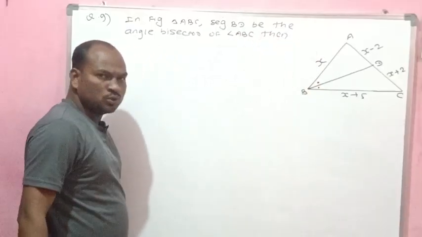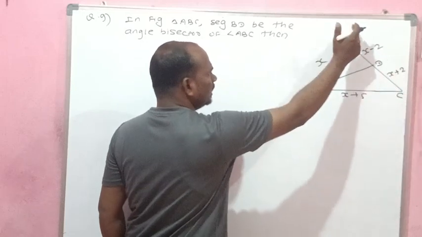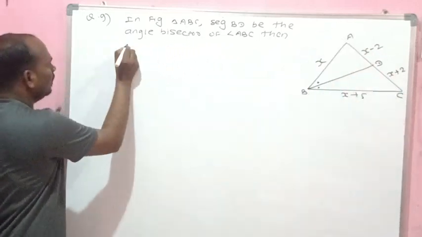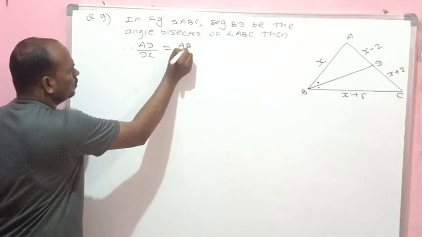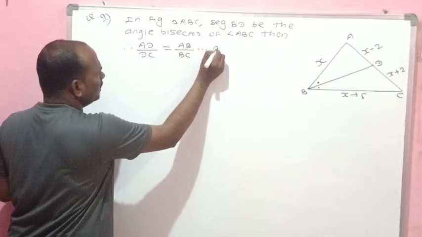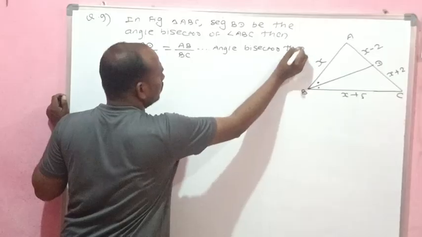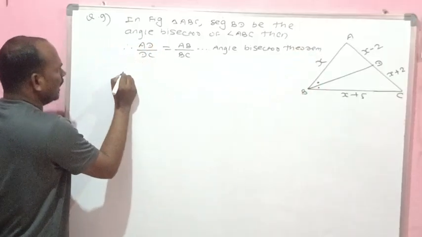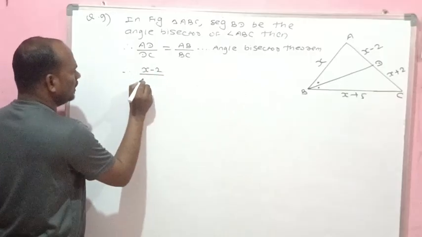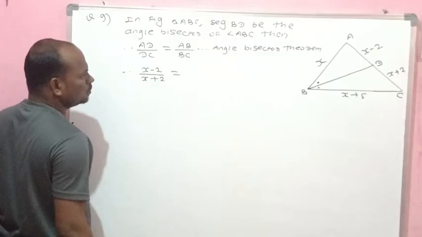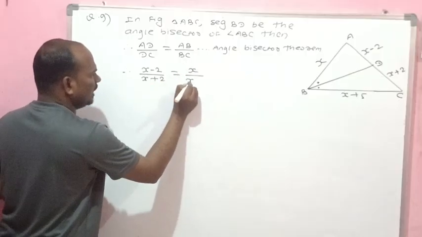Then by using the angle bisector theorem, AD divided by DC is equal to AB divided by BC. Now take the value of AD is x minus 2, value of DC is x plus 2, value of AB is x, value of BC is x plus 5.